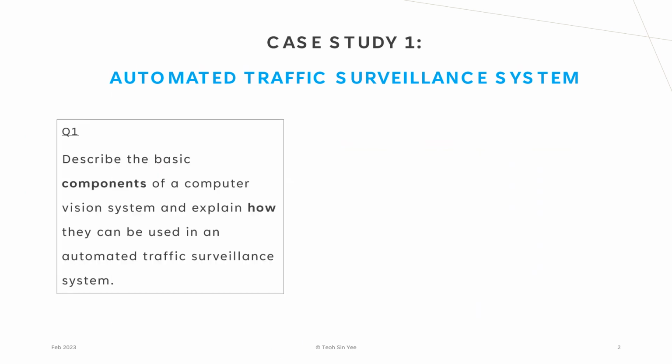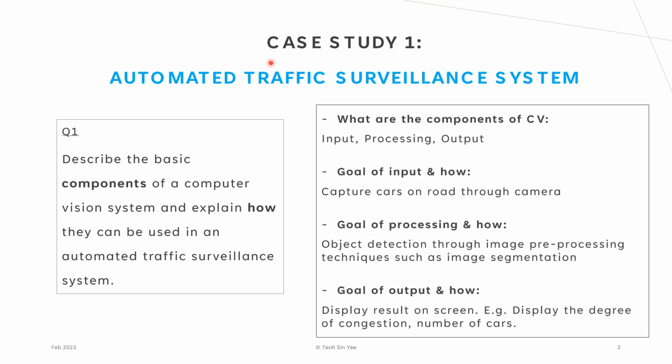First, let's describe the basic components of a computer vision system and how it can be used in this ATS. Do you understand what a computer vision system is? Computer vision means the system can see, right? So how can a system see? Through the input.